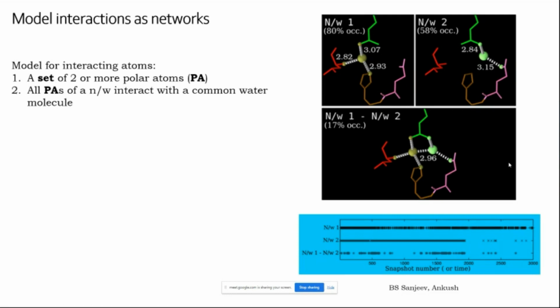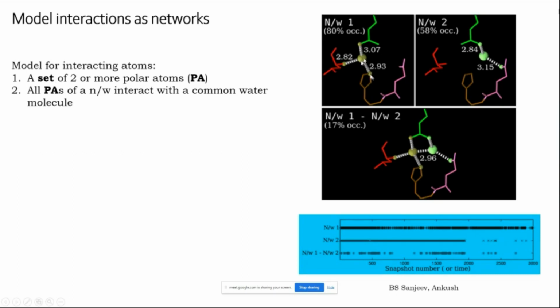Okay, so the definition is now in front of you. Here, we use a concept called a network. So what is a network? A network is defined as follows. There is one common water molecule that is having interaction with two or more polar atoms.